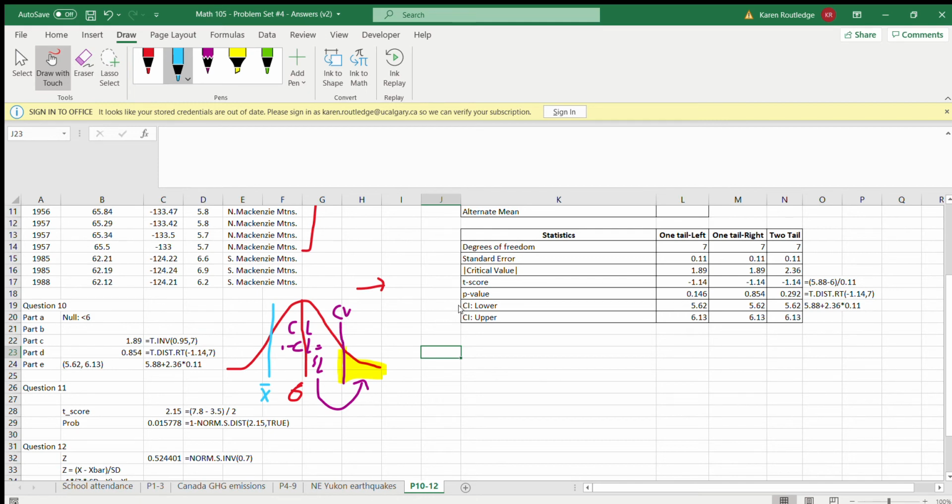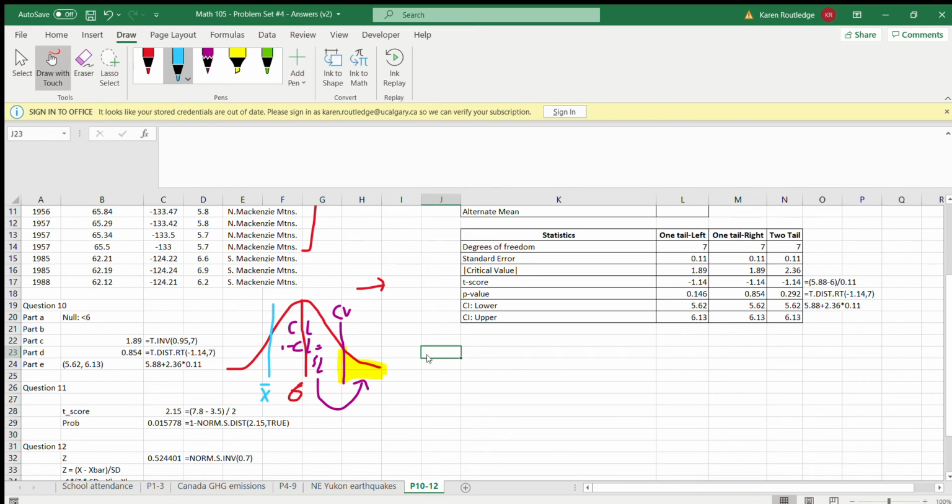But don't think about it that way. Think about whether or not your x bar actually crosses the critical value. Our x bar, our sample mean, is going in the wrong direction from our critical value, so it was never going to cross. So we will fail to reject the null hypothesis. Our sample mean is not in our rejection region. So that's the answer that we should be looking for in all of our other ways of dealing with hypothesis tests.